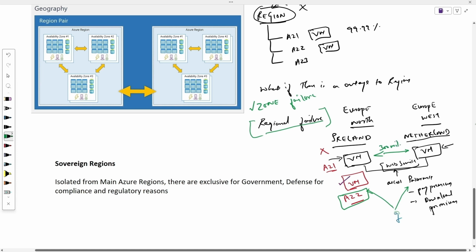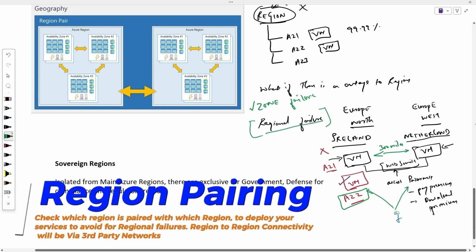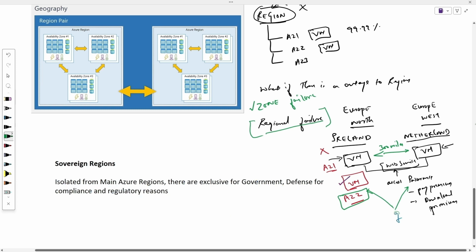So if they are doing any pairing, they will ensure that from one region to another region, there is at least 300 miles distance, so that if there is any outage because of some natural disaster or calamity, there is outage only for a particular region, not for the other region. So the services for the users or the organizations who have hosted their services will be up and running.